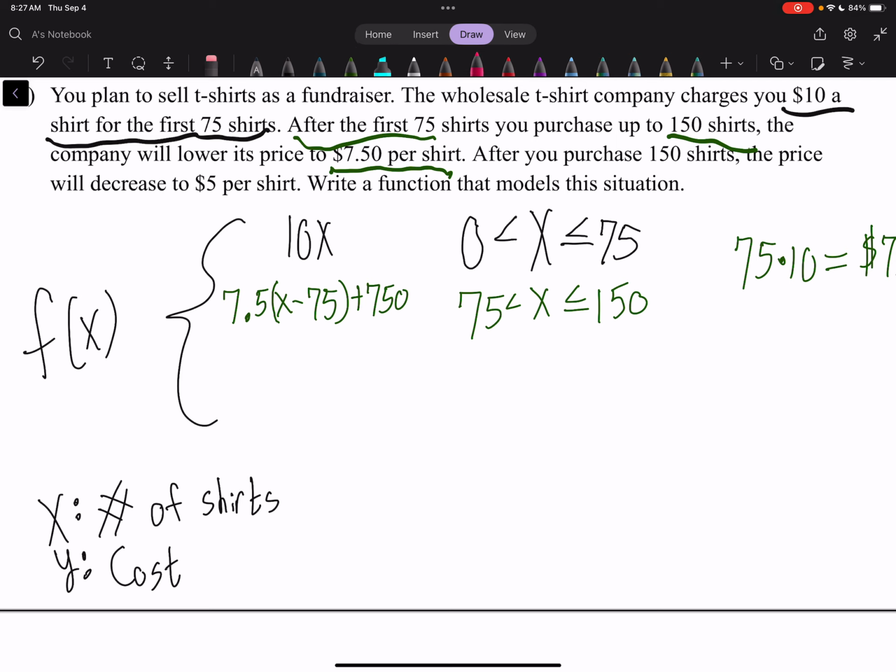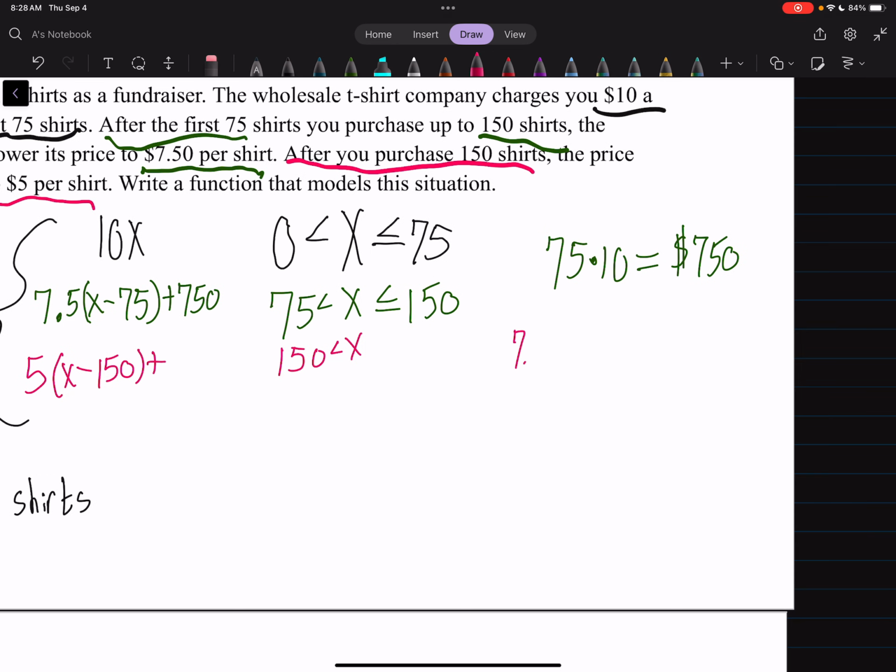Moving on. After you purchase 150, 150 is less than x. The price decreases to $5 per shirt. 5x, again, I'm going to be taking off this 150 now. Now I need to see how much money I would have spent.